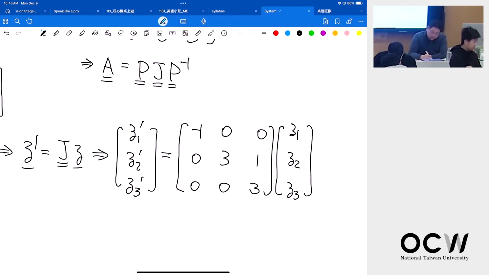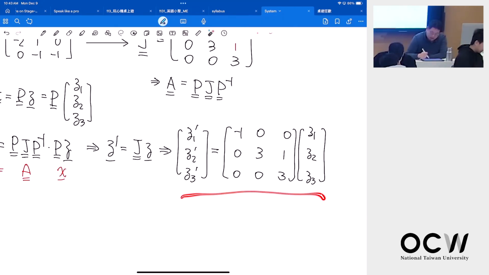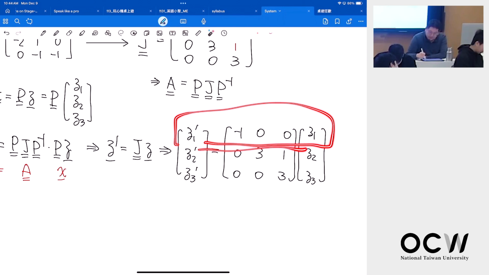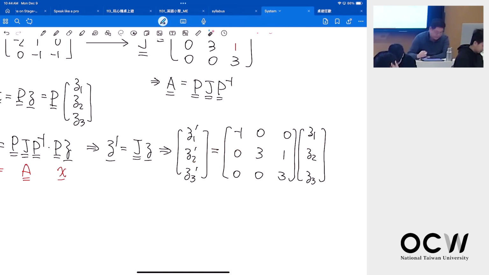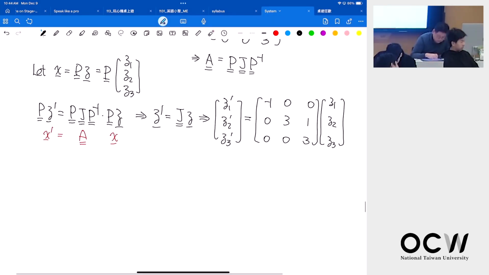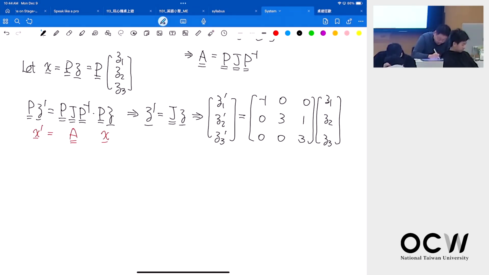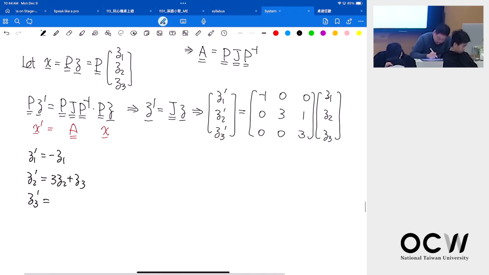You can also observe this equation: I decoupled the variables. So Z1 prime just individually has minus Z1. Then you can find Z1 right away. Same thing applies to Z3. So Z1 prime equals minus Z1. Z2 prime equals 3Z2 plus Z3. And Z3 prime equals 3Z3.